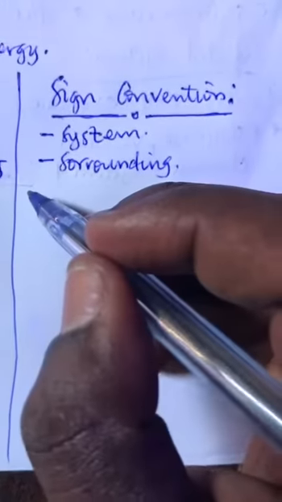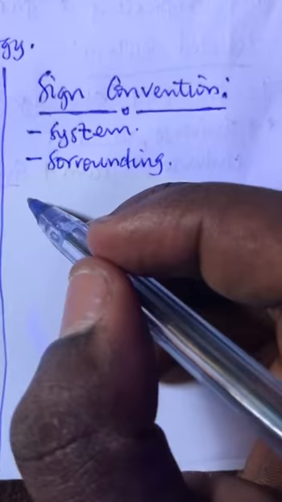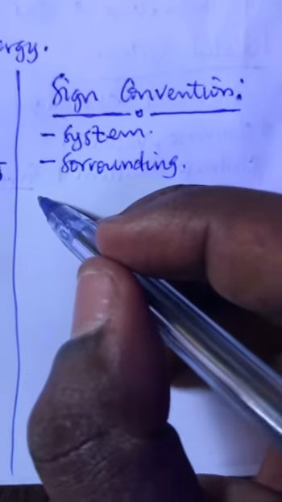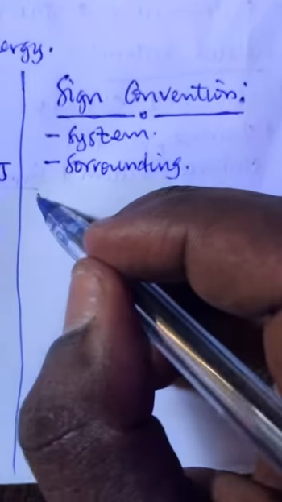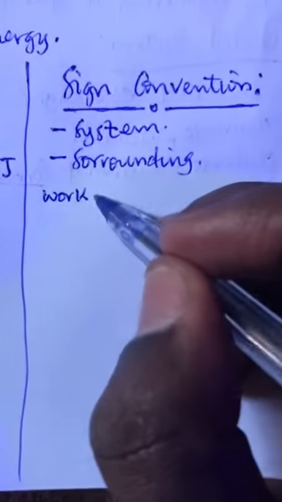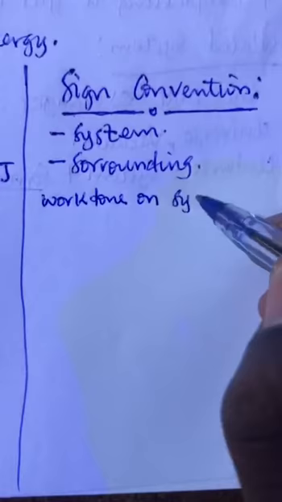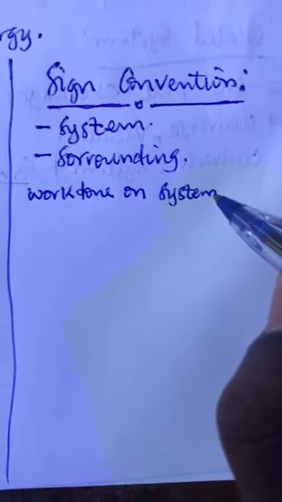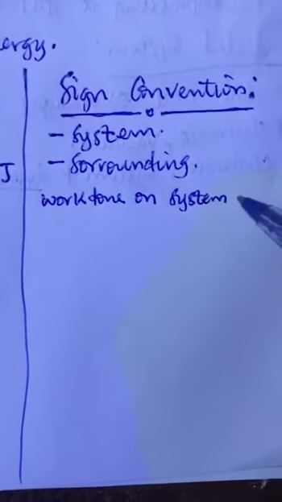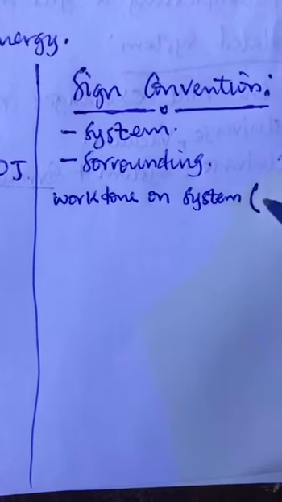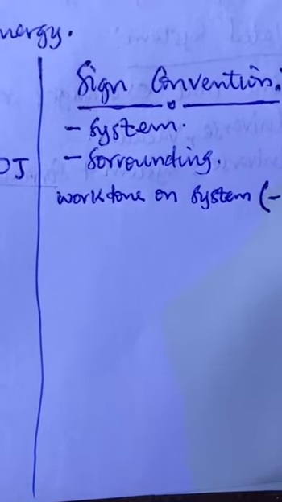Now, for example, if the surrounding does work on the system, so we have work done on the system, then that work is said to be negative.